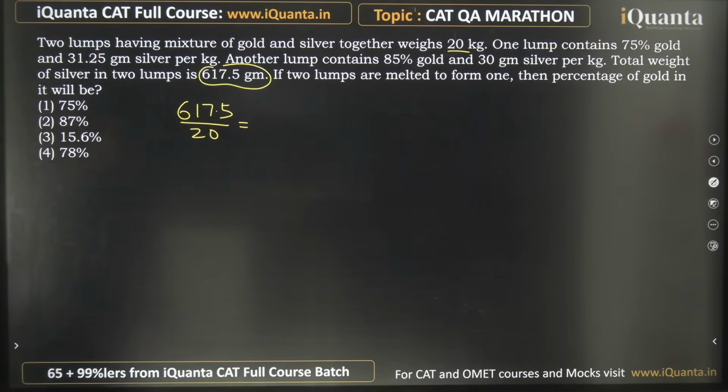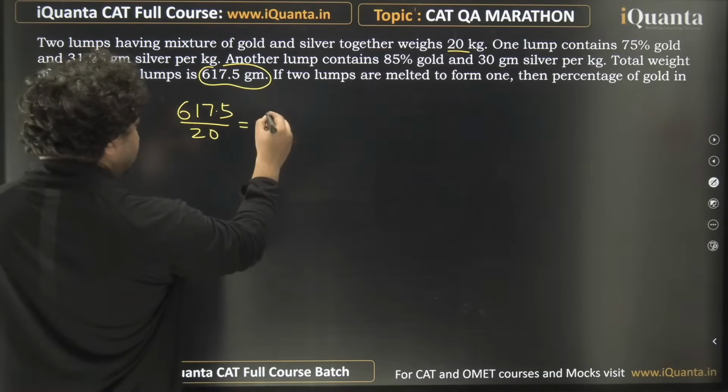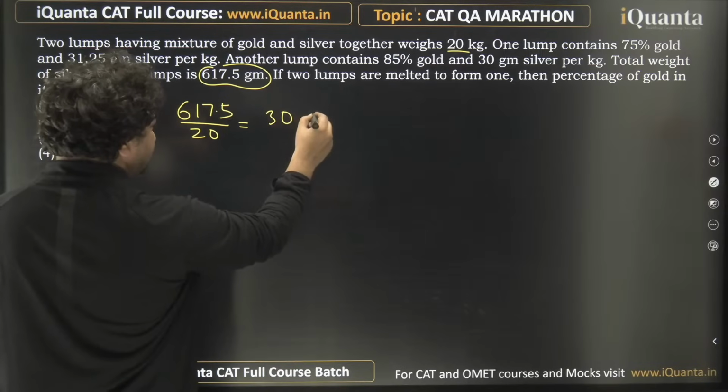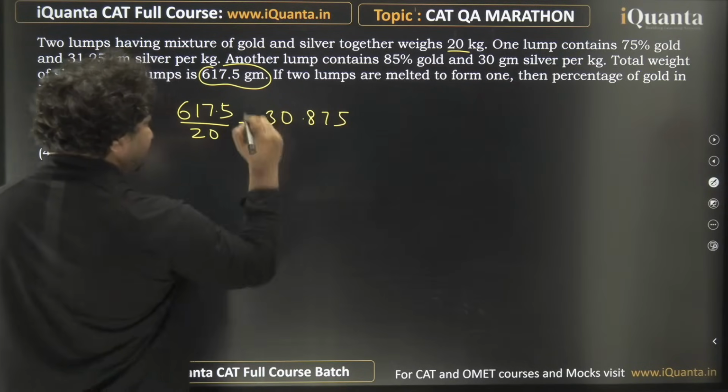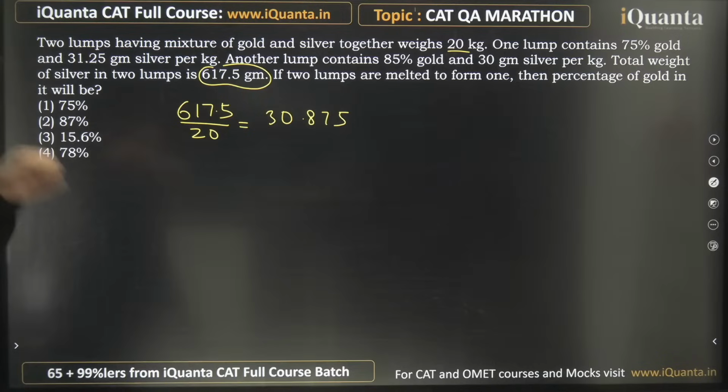That will be equal to how much? 30.875. Yeah, right? This is the amount of silver. 30.875 grams of silver is there in 1 kilogram of this. Okay, is that clear? Understood? Is the audio fine for everyone? Is that understood, everyone?